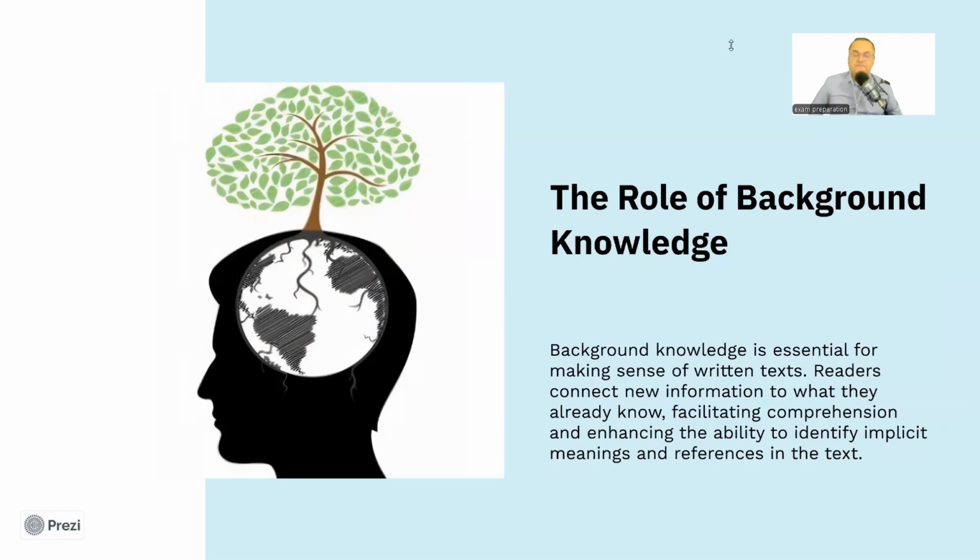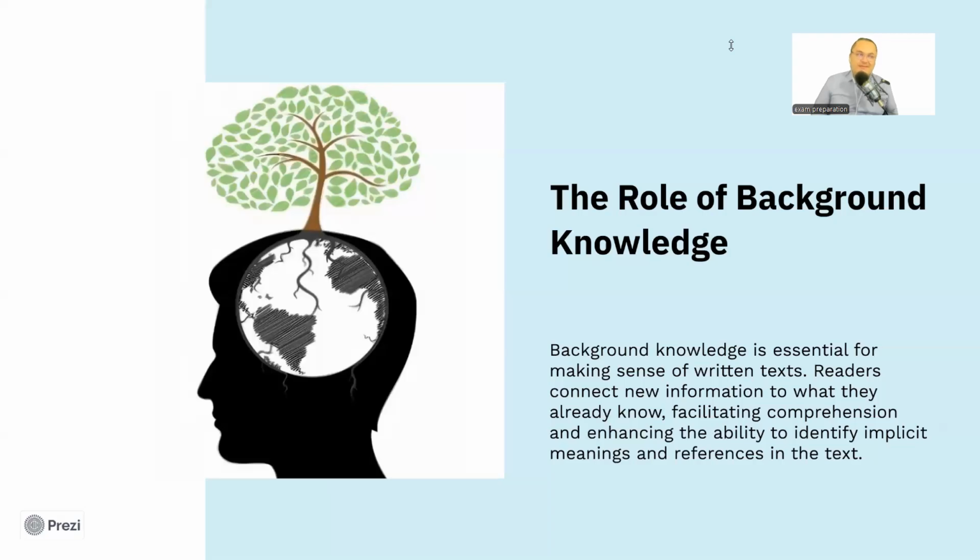For example, if you are reading a text about, let's say, mango trees, and you know something related to it because you may have a farm where you have mango trees, what you read from your text can be immediately related to what you know about mango trees.